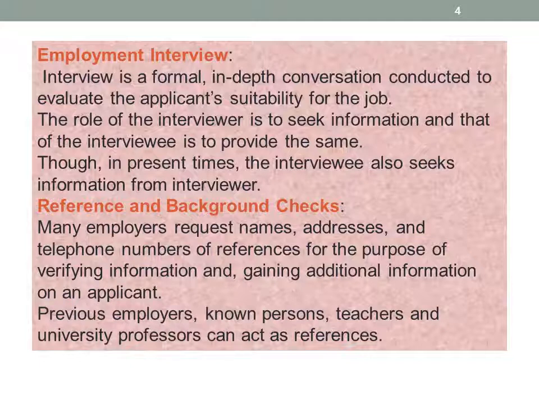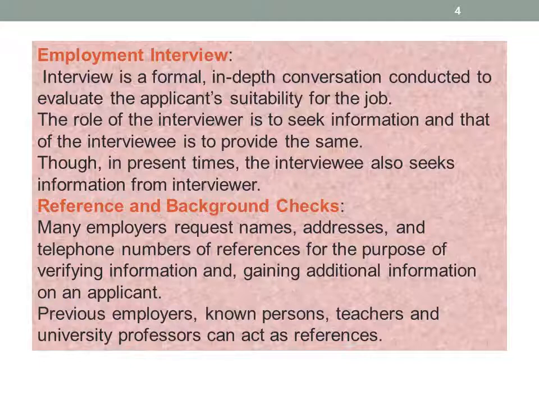It's not that every time the interviewer will ask questions of the interviewee. The interviewer will ask questions, but sometimes, if necessary, the interviewee can also have some queries and solve them with the interviewer.